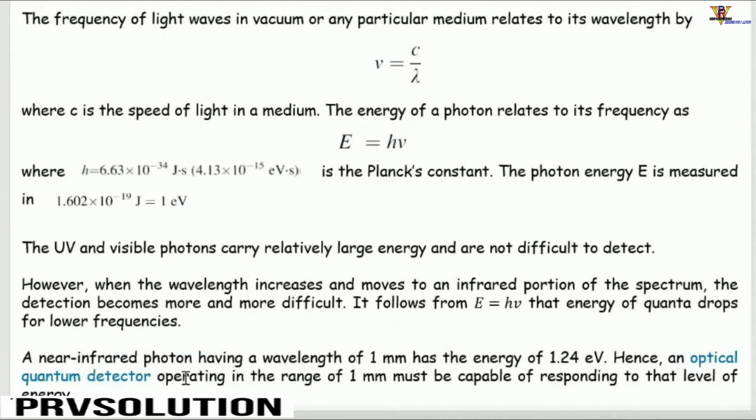A near infrared photon having a wavelength of 1 millimeter has the energy of 1.2 electron volts. Hence, an optical quantum detector operating in the range of 1 millimeter must be capable of responding at that level of energy. Means with the help of an optical quantum detector, we can detect this photon. The quantum detectors are semiconductor devices.